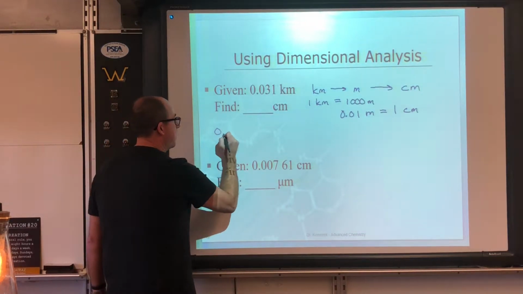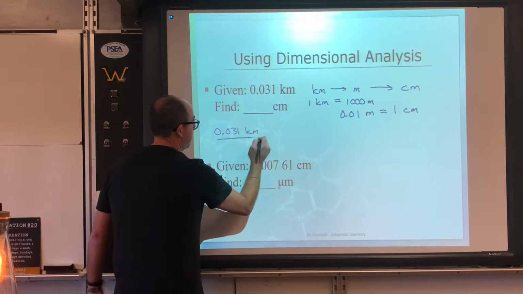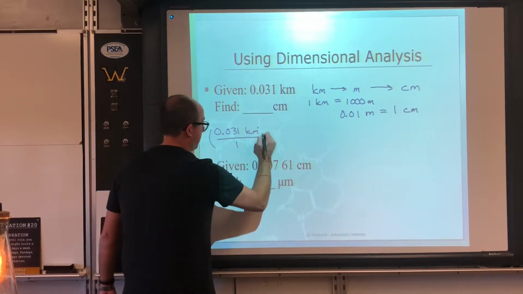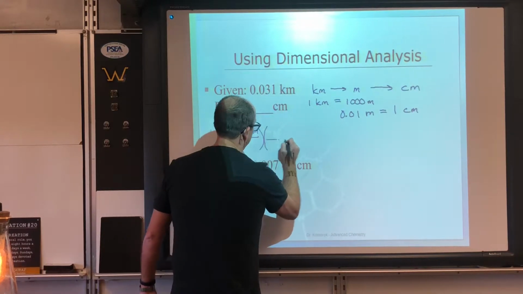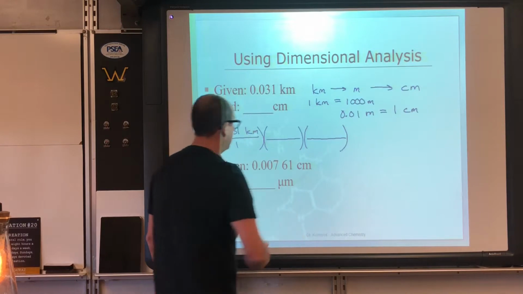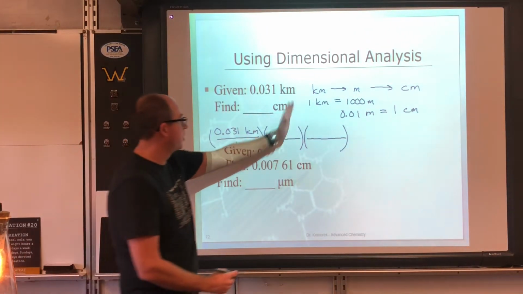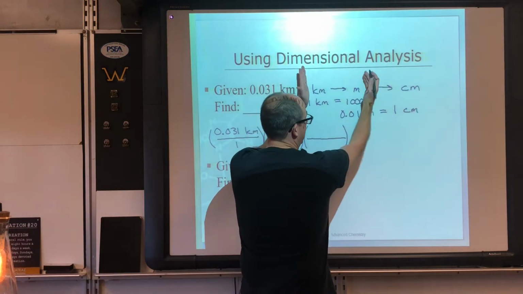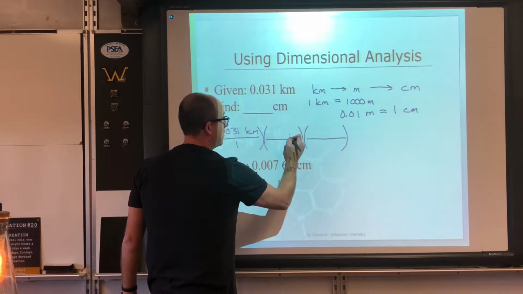Begin writing the given as a fraction and put 2 brackets after it. So, kilometers is the first thing we're getting rid of. You look again only at what you're getting rid of and what you're going to. Kilometers down here to get rid of it, meters up top.